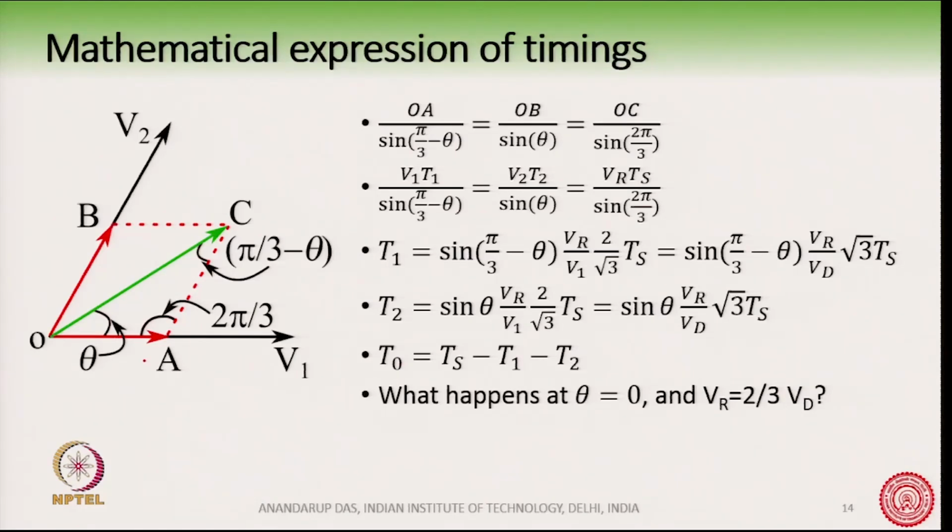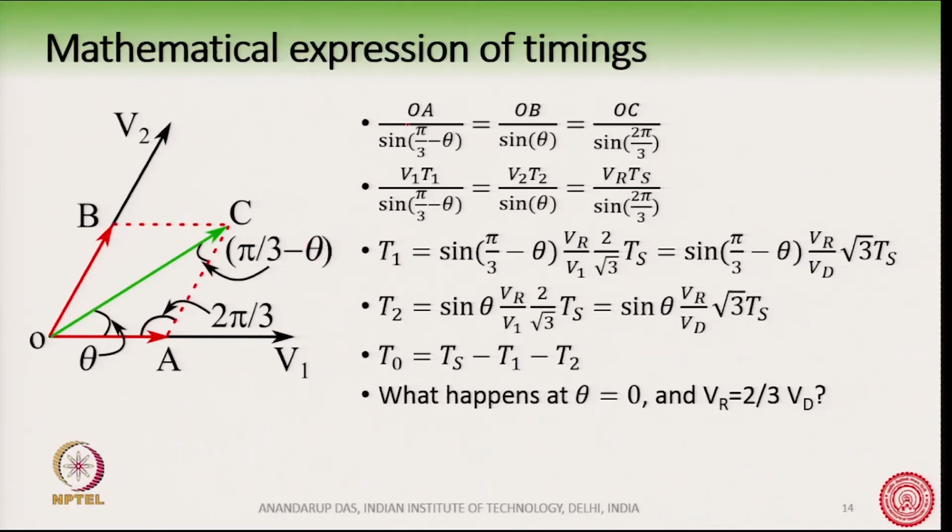So, in this triangle we can apply the sine formula for the sides of the triangle. The angles are, this angle is 2 pi by 3 and this angle is for example theta, that is the reference vector angle. The reference vector is making an angle of theta with the V1 axis, and therefore this angle will be pi by 3 minus theta.